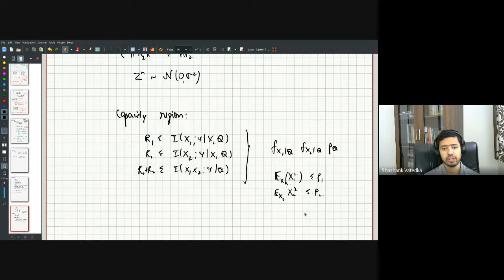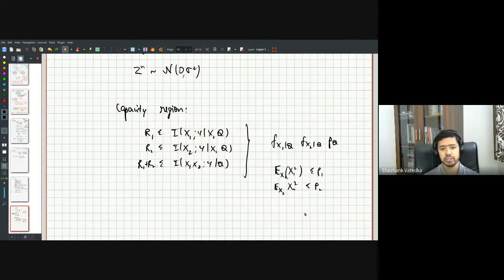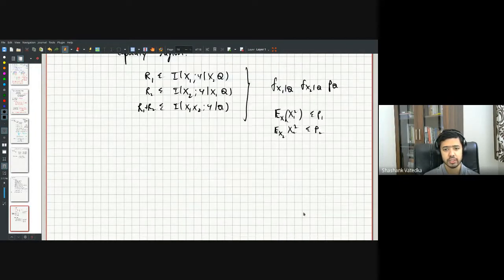Now let us see if we can simplify this in any form. We'll also see some techniques which are commonly used and see what rates can be achieved using those techniques. But first let us try to evaluate some of these mutual information quantities.